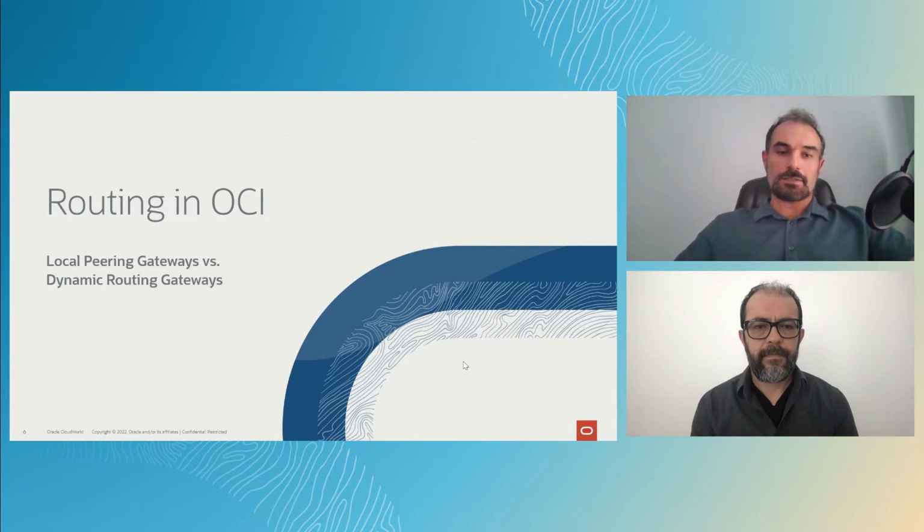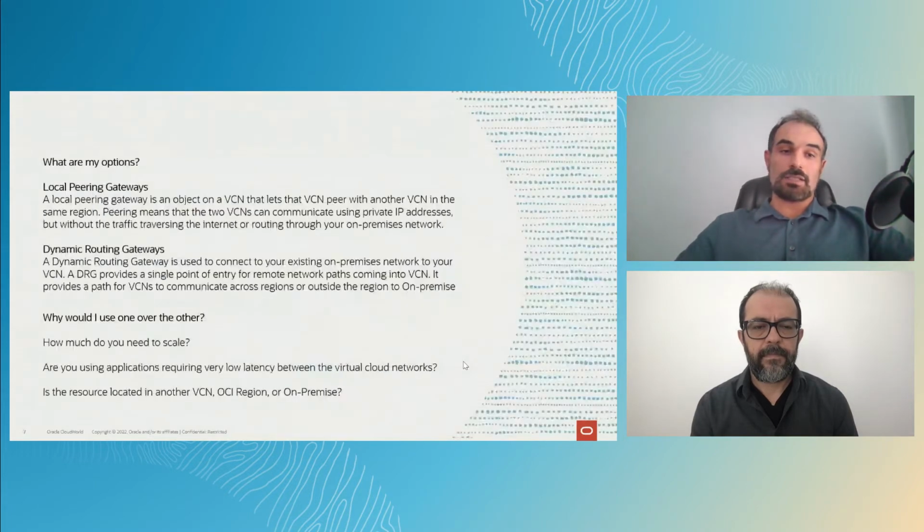A second major decision that, again, every engineer or architect needs to know and needs to make at some point is routing on OCI. There are two different ways to provide connectivity between virtual networks on OCI. One of them is LPG, or local peering gateways, but the other one is the dynamic routing gateway.